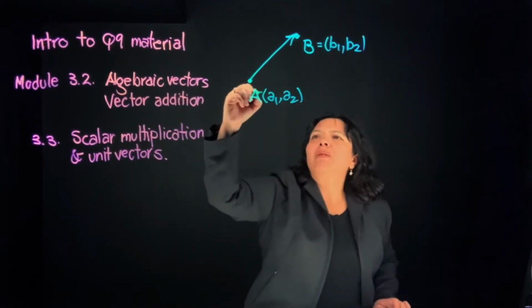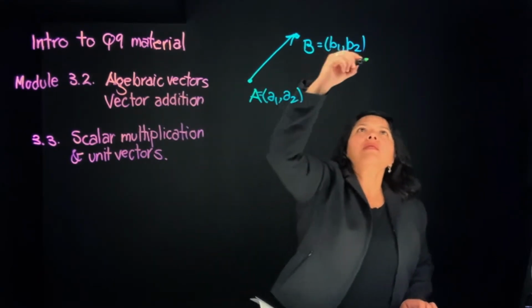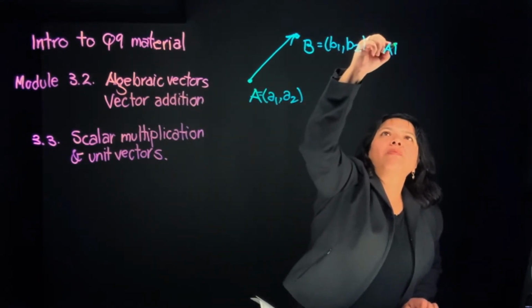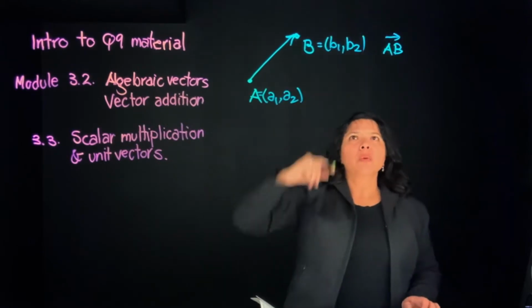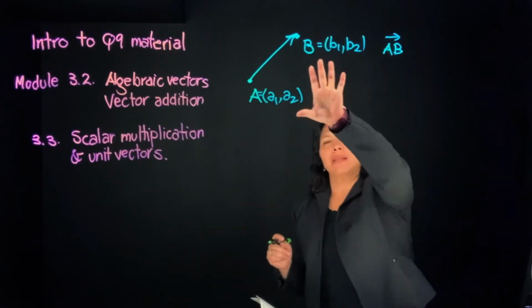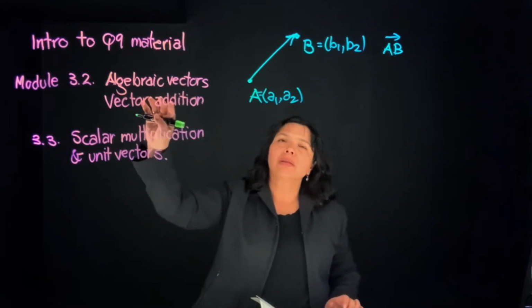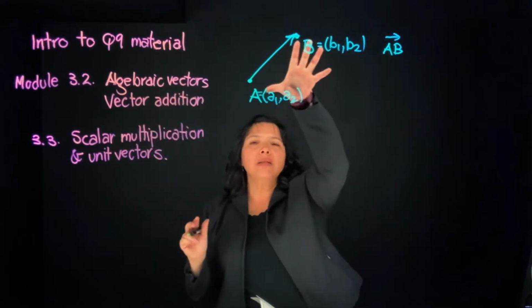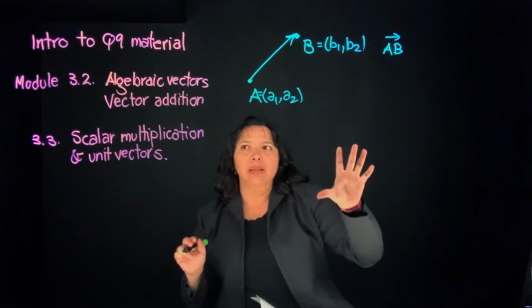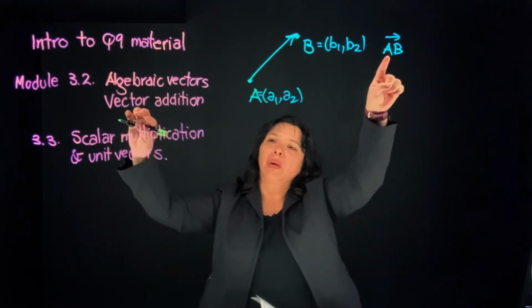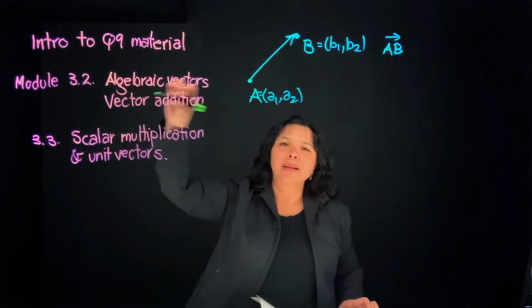So my vector AB will be represented by this. Now, if I want to add vectors, I need to translate this to the origin and write this as an algebraic vector.